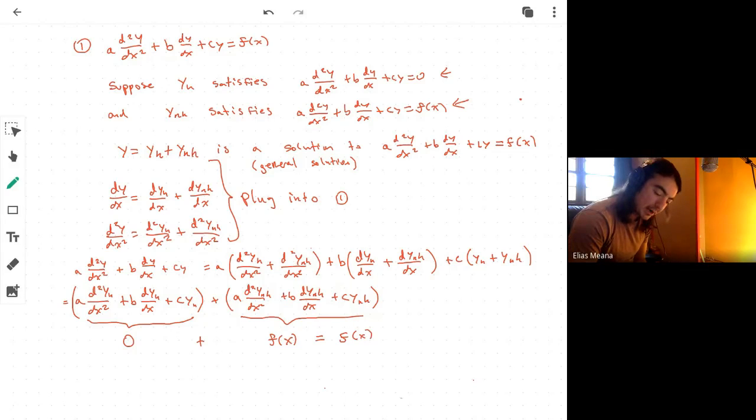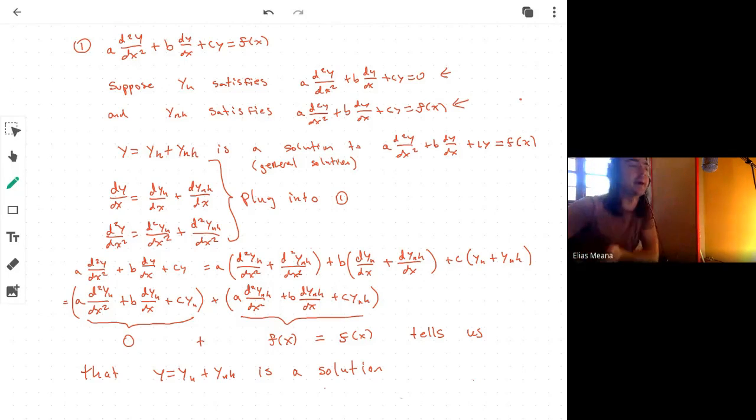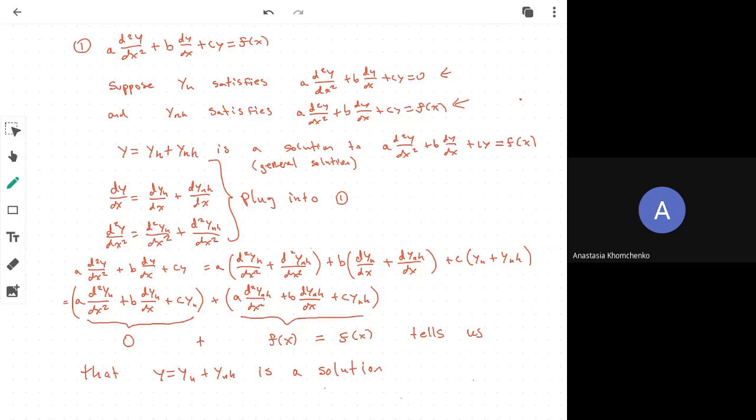All right, which tells us that y, which is equal to yh plus ynh, is a solution, right? Because we plug it into our differential equation and we get f of x out of it, all right? Does that answer your question, Anastasia, about why a sum is a solution? Kind of. I just need to assimilate everything real quick.